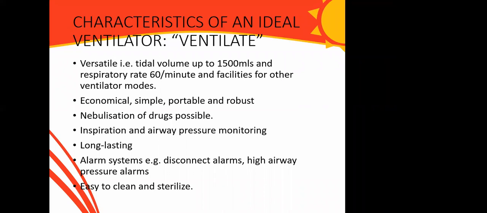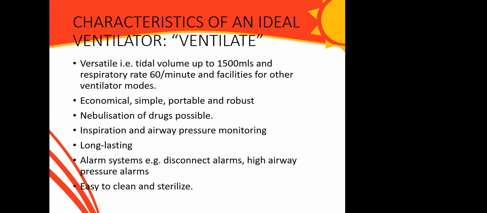It should provide the means of monitoring both inspiratory and airway pressure, because you don't want to have airway trauma or barotrauma. It should last long, because you don't want to buy a ventilator that you have to change every 3 months or every 6 months. A ventilator without an alarm system is a killer.